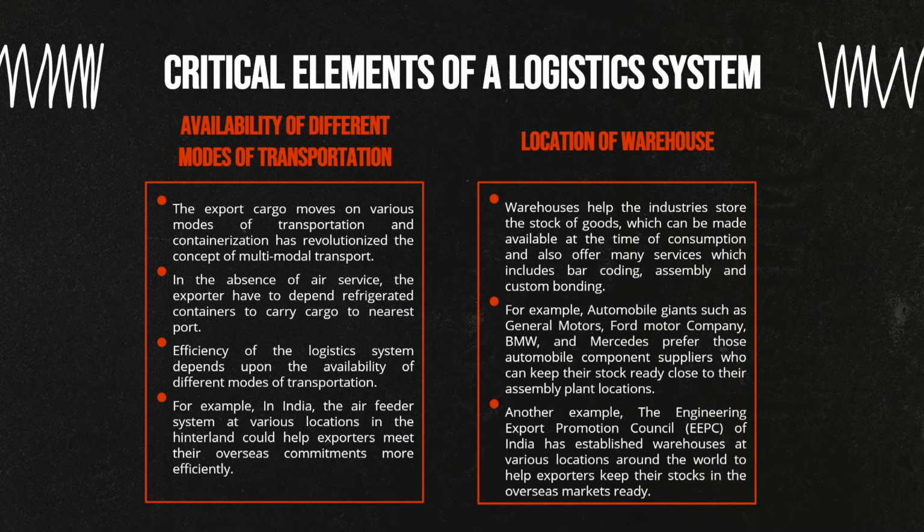Another example, the Engineering Export Promotion Council (EEPC) of India has established warehouses at various locations around the world to help exporters keep their stocks in the overseas market ready.